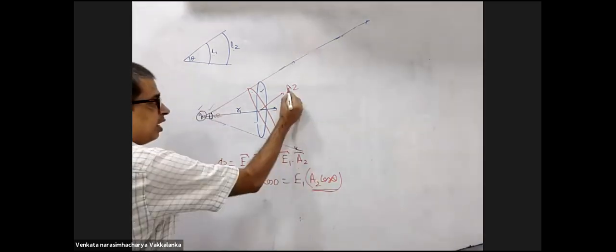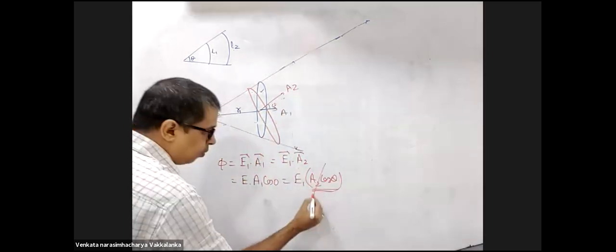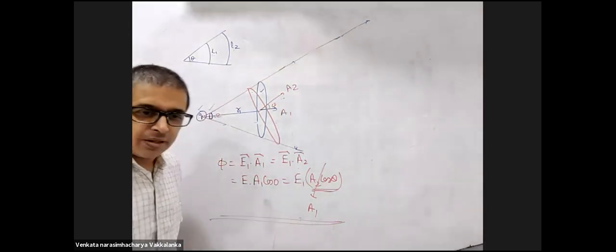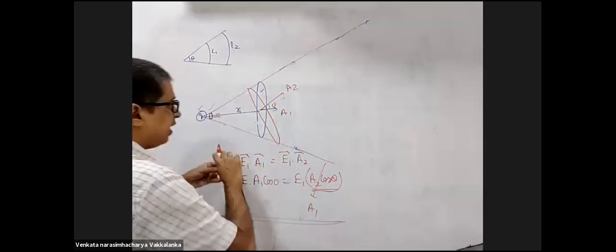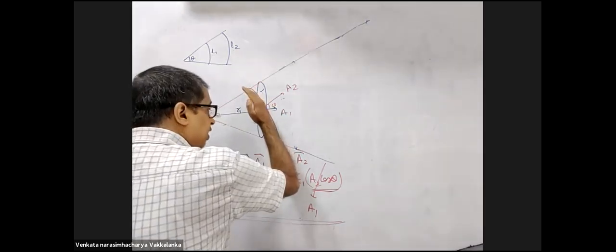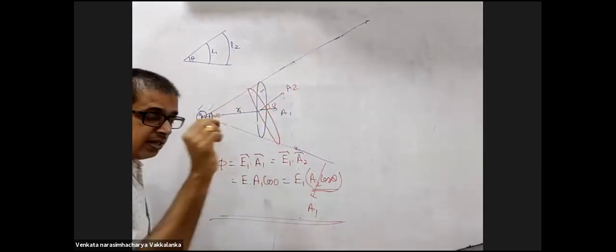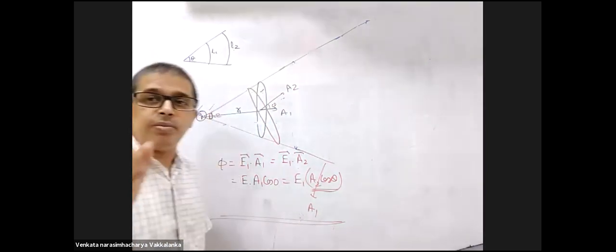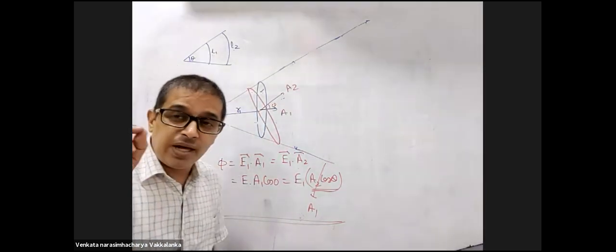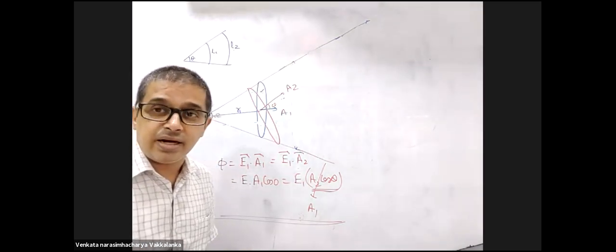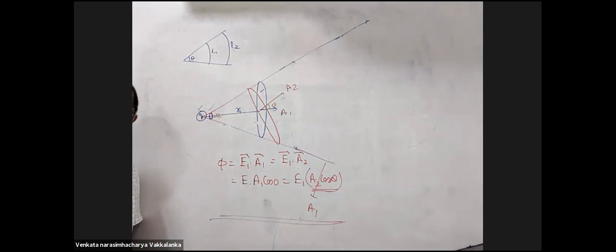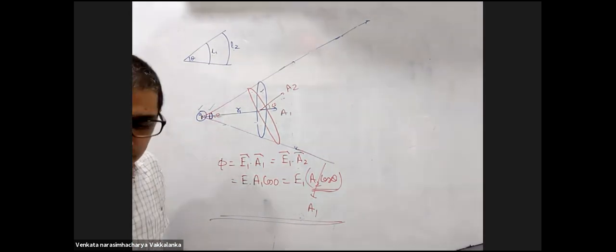Can I claim A2 cos theta to be A1? Yes, sir. So even when I tilt the area, if the solid angle subtended is the same, flux will be the same.